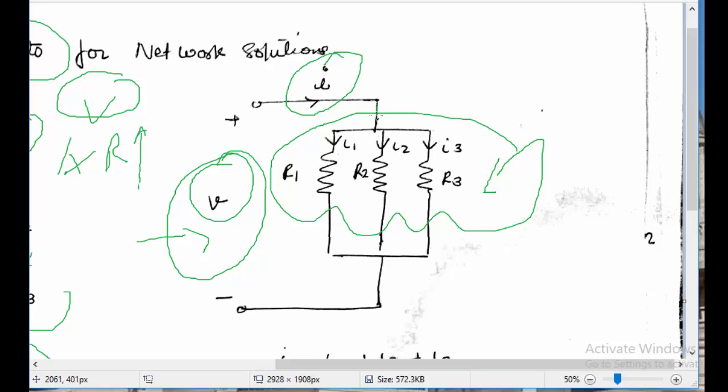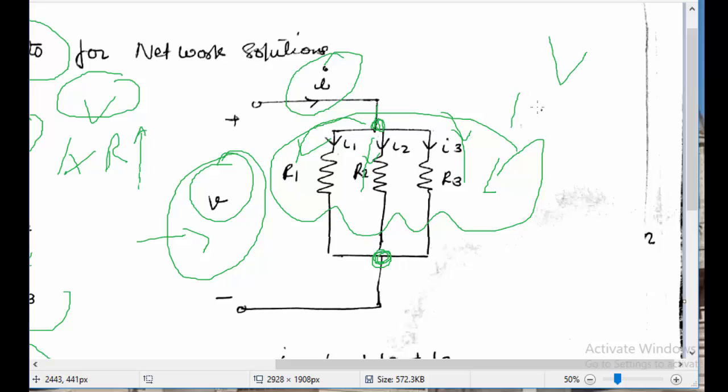When the current comes to the node, which is used to connect all the resistances in parallel, the current will distribute itself among the branches like I1, I2 and I3, and the distribution will happen in proportion to the resistance.